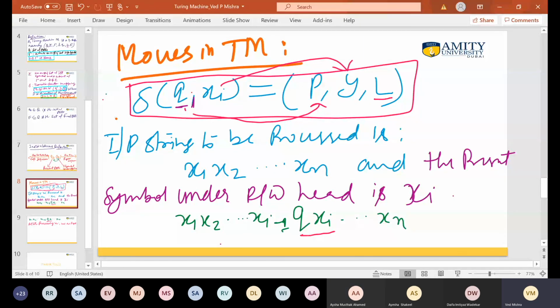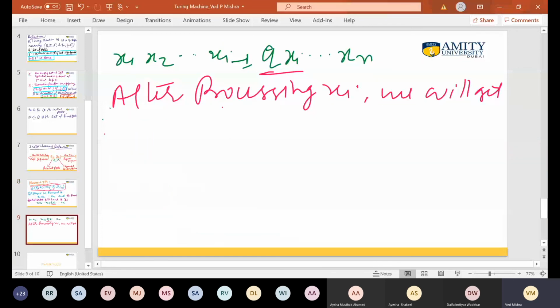And this p is moving where? Left, no? Yeah, one symbol left. So this will move one cell left here.